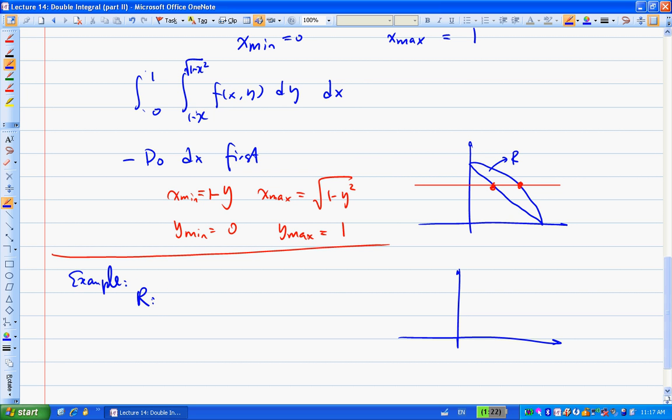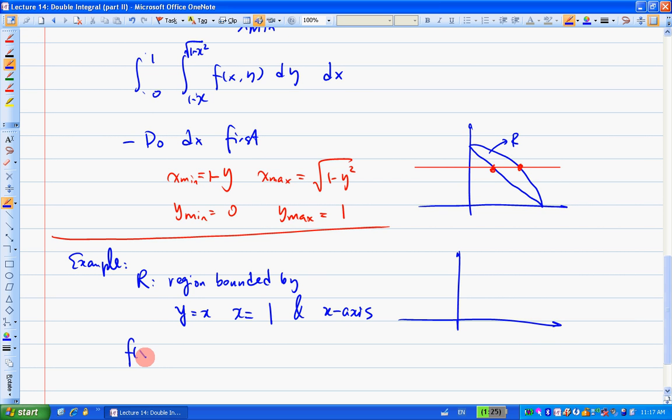I'm telling you that R is a region bounded by y equal to x, x equal to 1, and the x-axis.